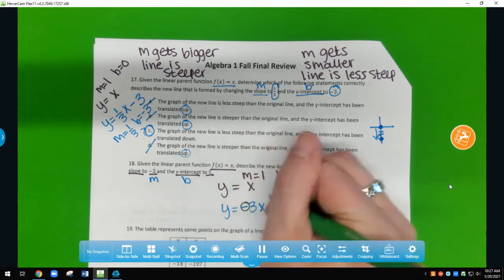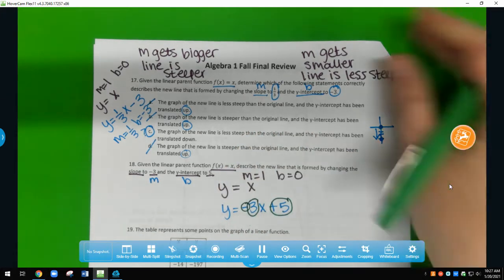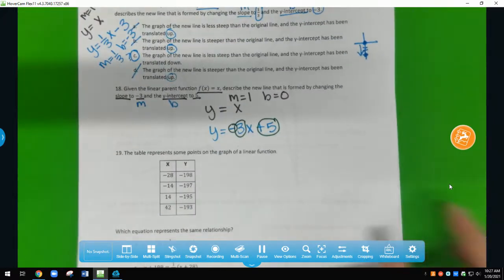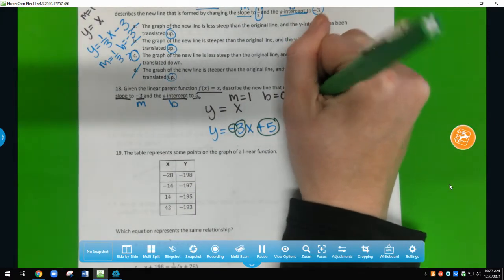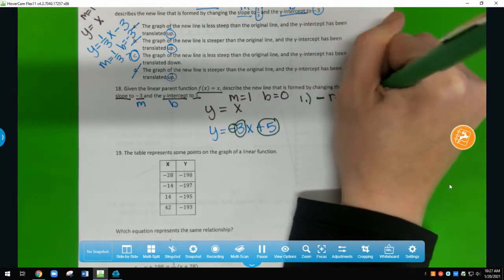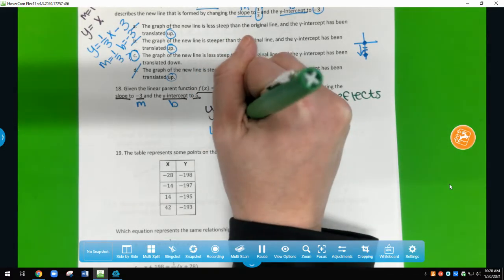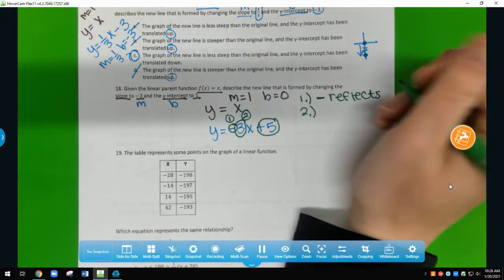So one of them is the negative, the next one's the 3, and then we have the 5. So I need to write down 3 things. Okay, so the negative reflects your line. So that was 1. 2 is the 3.